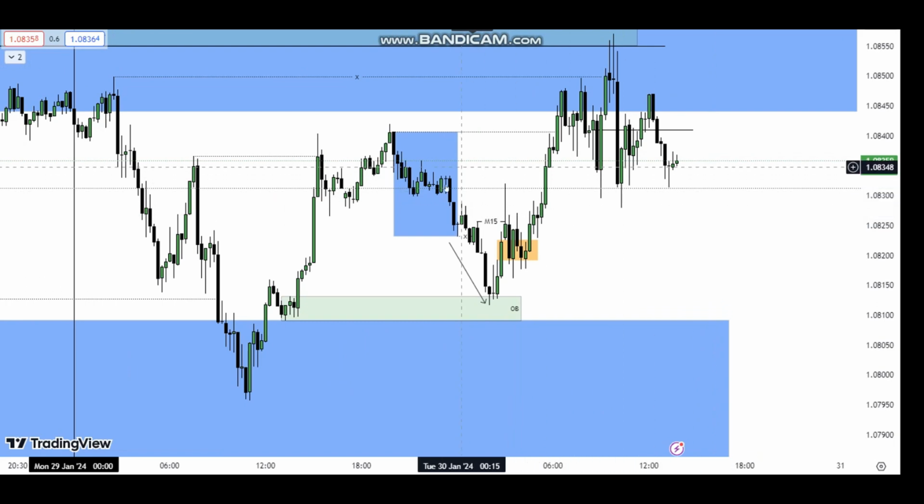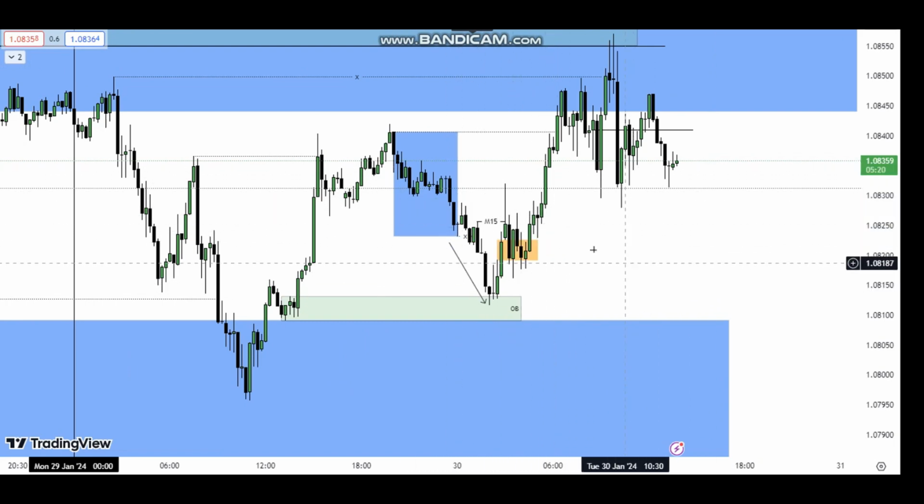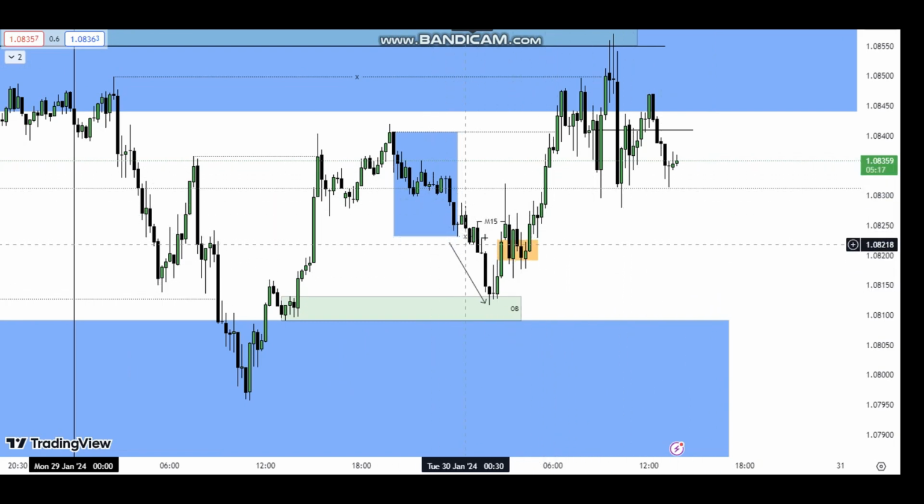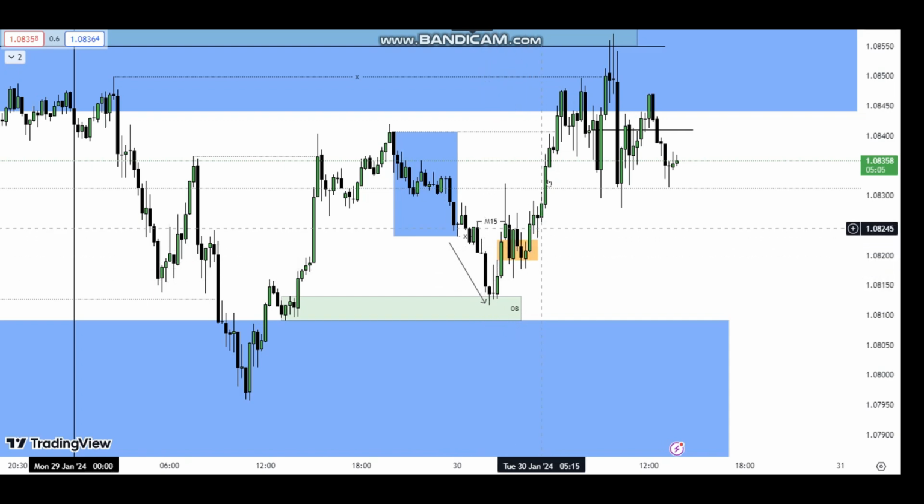So this is pretty much a simple textbook idea whereby price will liquidate, market structure shift, fair value gap, mitigation of fair value gap, mitigation of order block, price runs, which is your entry point.